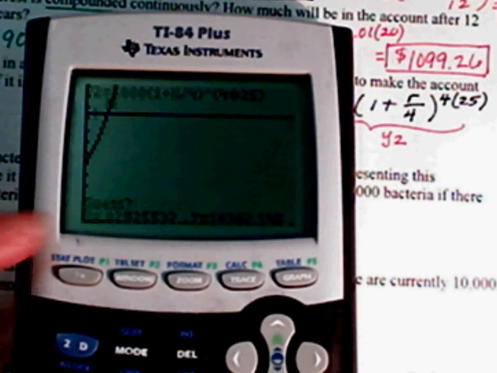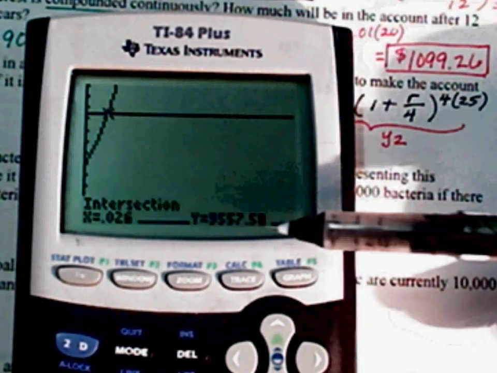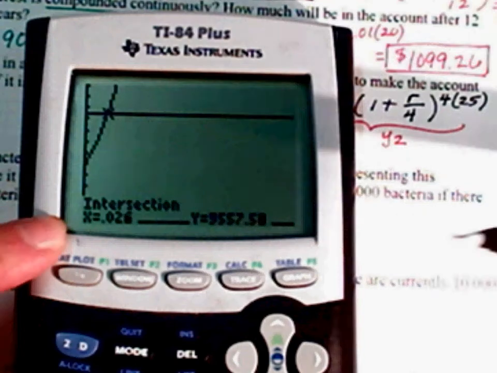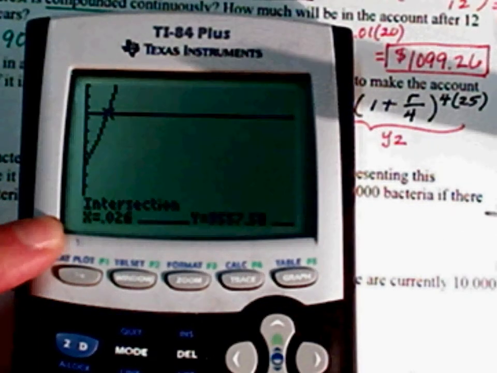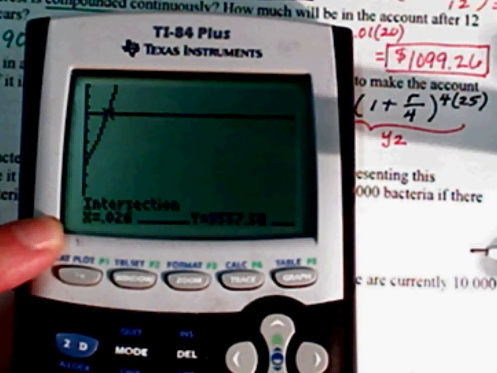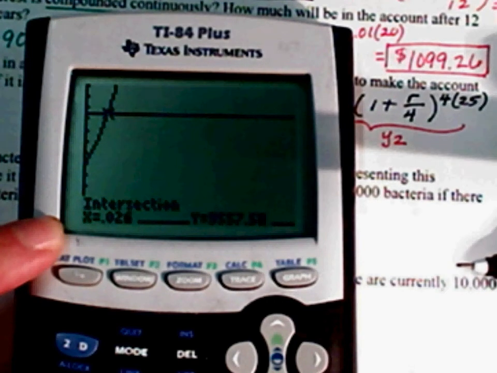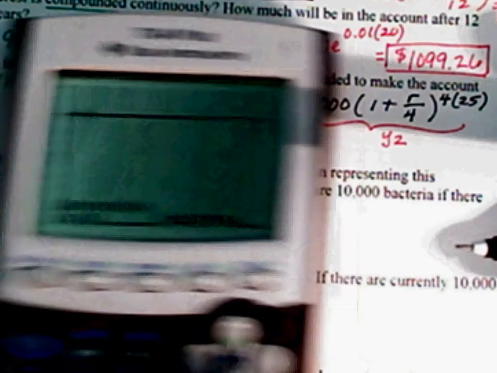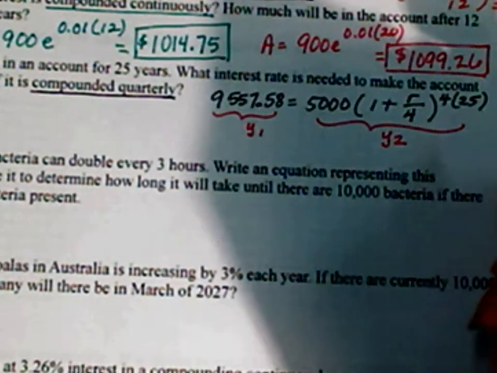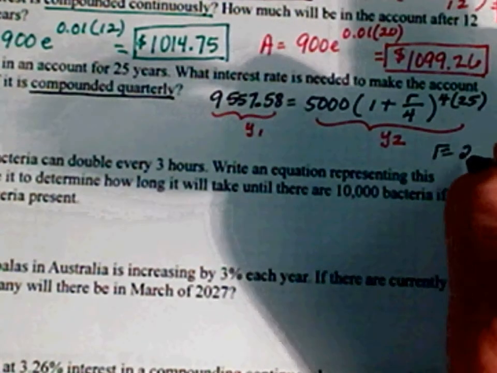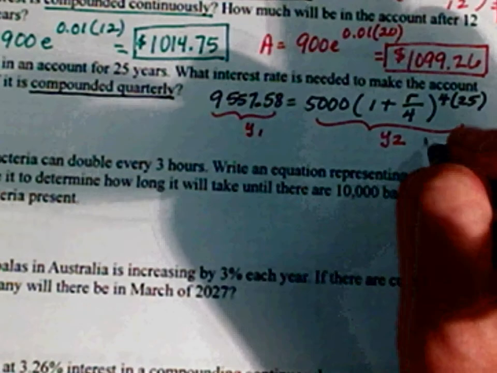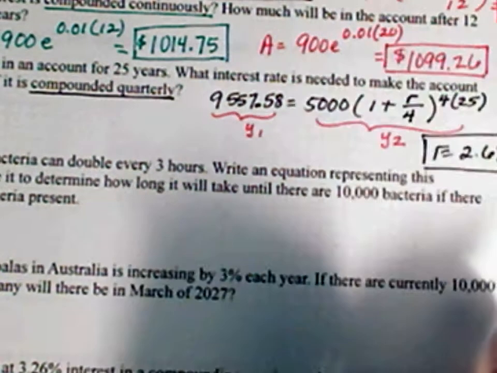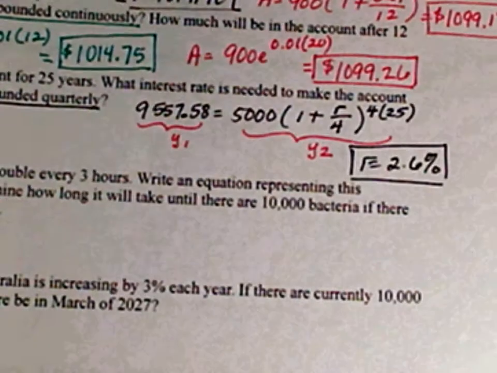All right, so at this amount, what is your interest rate right here? 0.026, which is 2.6 what? Percent. Very good. So you can find your rate that way, okay? So R is equal to 2.6%. And there you have it. Not bad? Okay, you're going to use the intersection of left, okay?